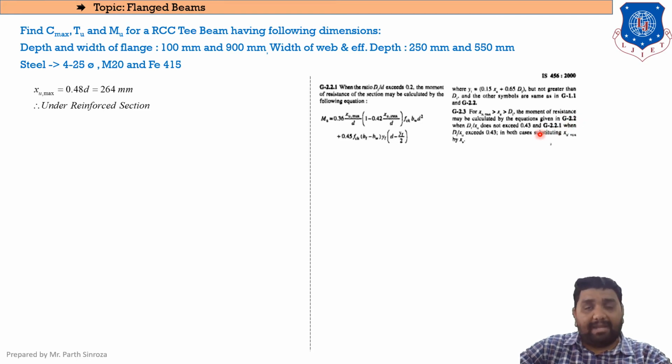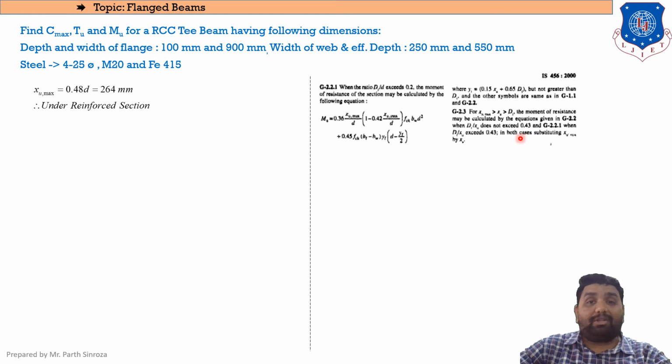Clear? And we will be using G2.2.1 when DF by XU exceeds 0.43. That means whenever the ratio DF by XU is greater than 0.43, then we will be using the equation G2.2.1, which is visible here. Clear? G2.2.1, which is this equation given on page number 97.